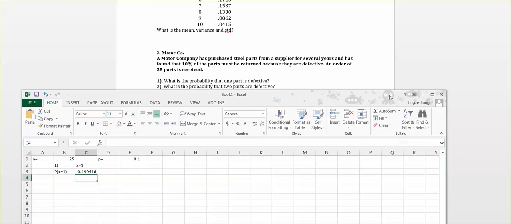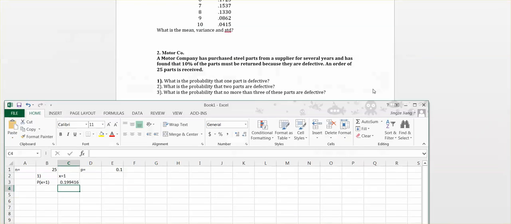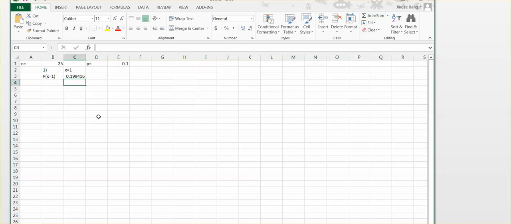Now let's look at the second question. It asks for the probability that two parts are defective, which means the probability for x equal to 2. So we type in the probability for x equal to 2.